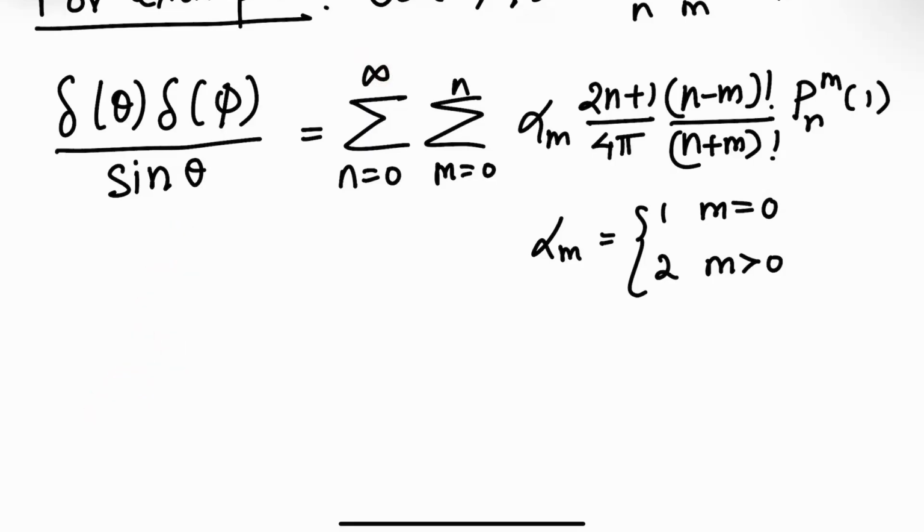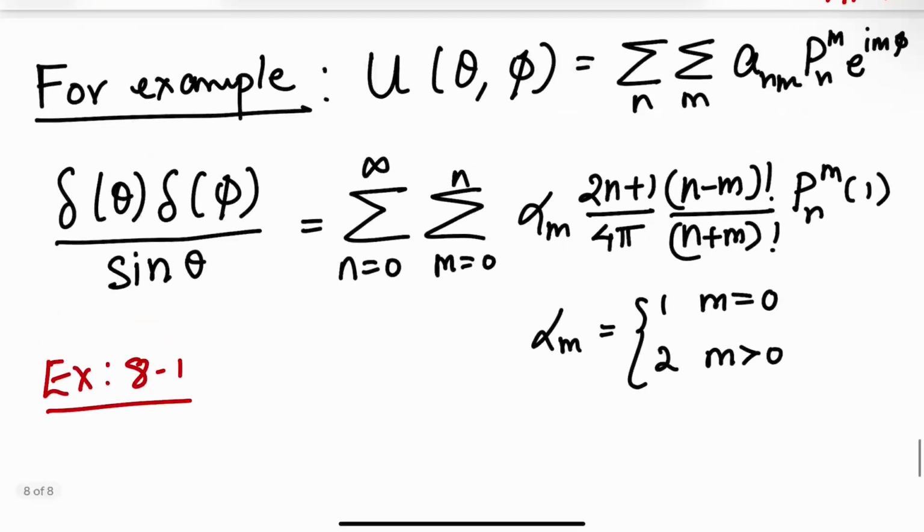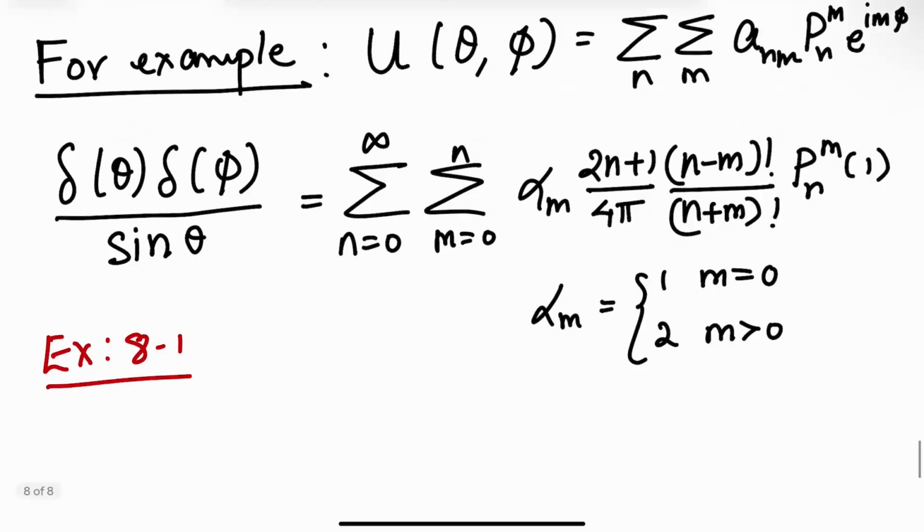You can look at this in the book. This is example 8.1, and the reason I'm presenting it here is because we'll talk about this at the end of today's lecture. This comes out to be a very fundamental result.